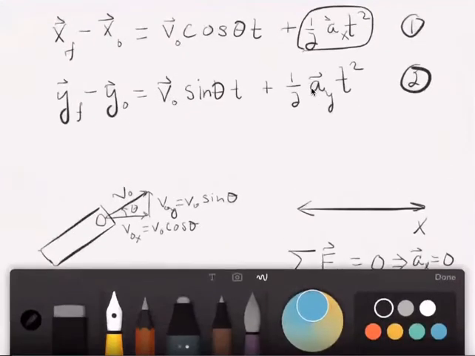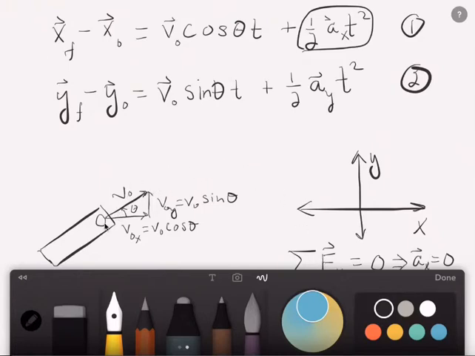So if we analyze the acceleration, we're looking at what's happening in the y direction. So we know that sine of 20 degrees is not going to be 0, so this piece won't go away like it did last time. But the acceleration, what will this object accelerate? The way you know that it's going to accelerate in the y direction is that this ball goes up and then it comes down.